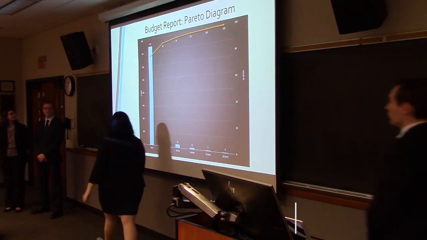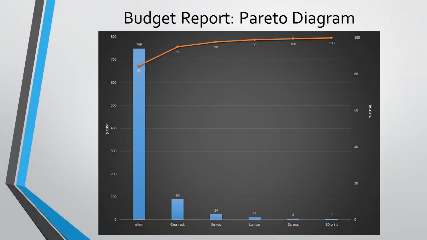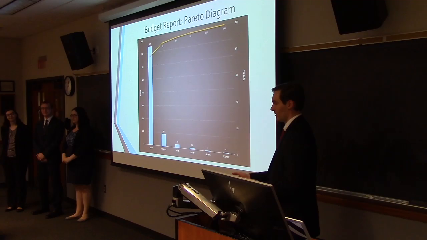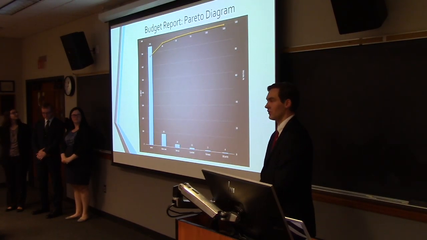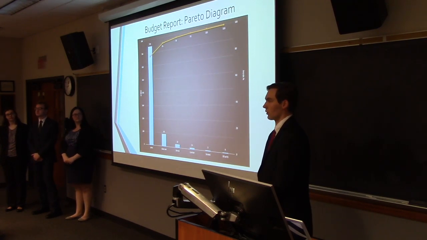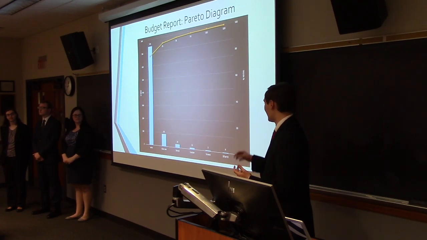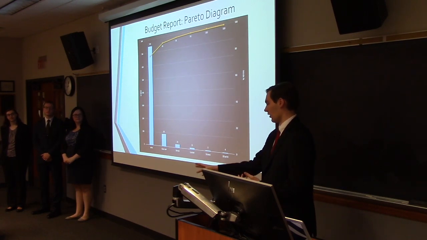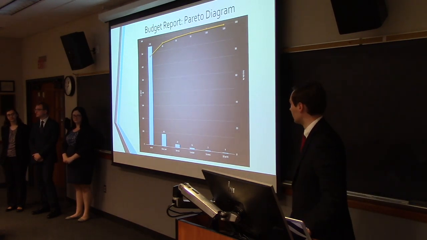Alright, so looking at our budget, you can see we had one rather large item that dwarfs them all. That's the UARM itself. Since it solved the vast majority of our problems, it took up the vast majority of the budget. The other costs, the gear rack and servos, were more research costs in that first semester as we were getting our bearings, and then lumber, screws, and the 3D printing are making the box around it and the lights and such to get it working and looking good there.